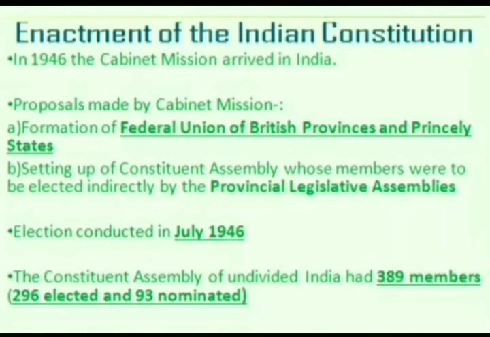Altogether, there were 389 members, 296 from British provinces and 93 from princely states. So, finally, the Constituent Assembly of Undivided India was formed with 389 members.